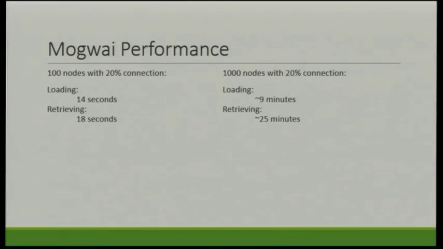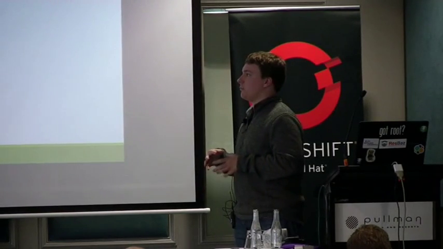I'm interested that loading takes 9 minutes, which is still in the range of python-au, but then retrieving stuff takes ages. I'm pretty sure that could be because Titan does some indexing for you for the search. When I'm doing my testing, I'm just chucking it all in there and then getting it all straight back out again. So that could be related to Titan doing some indexing in the background, but I'm not sure.